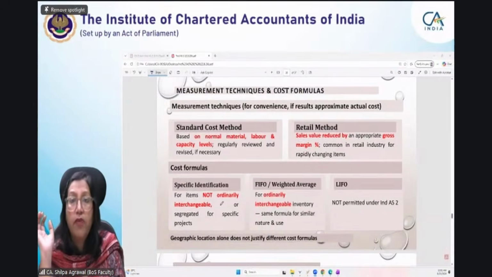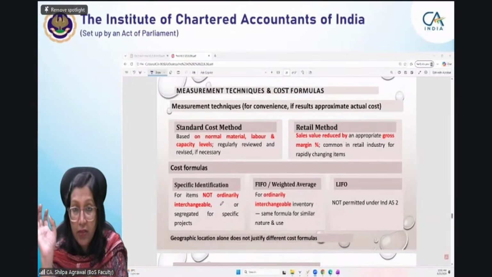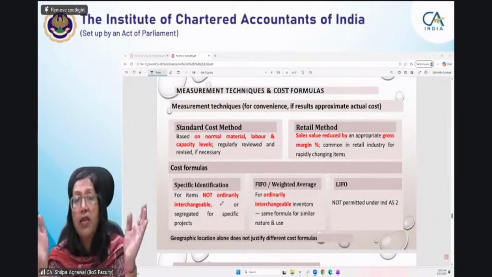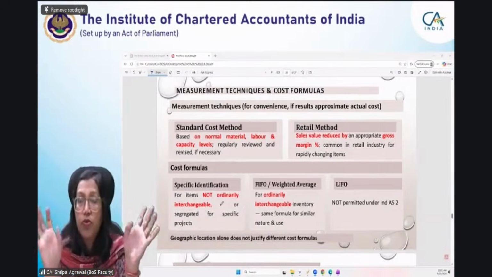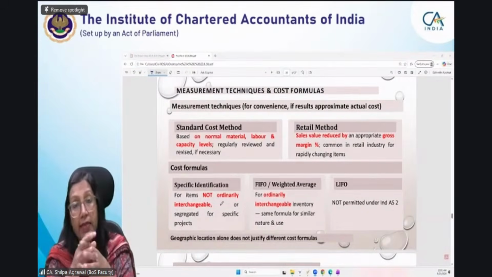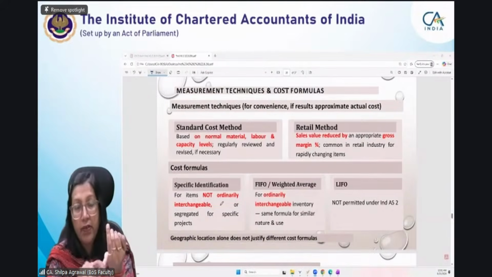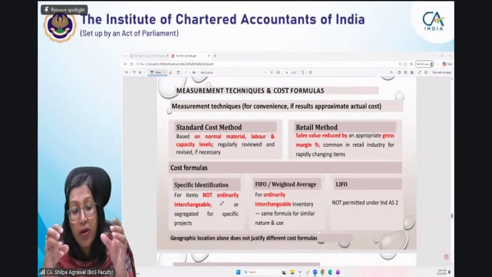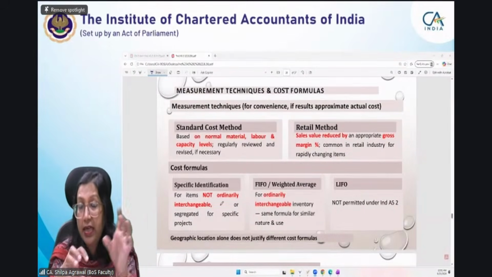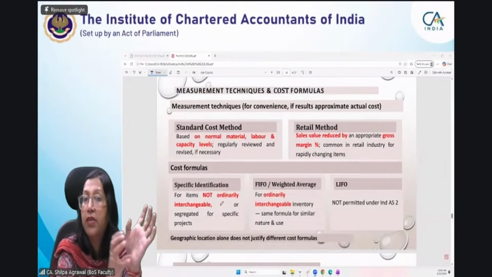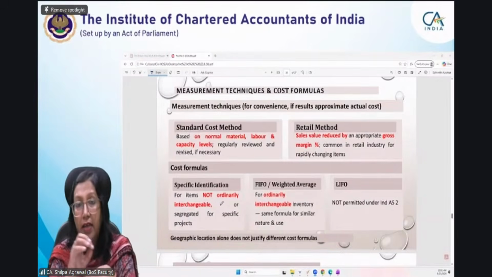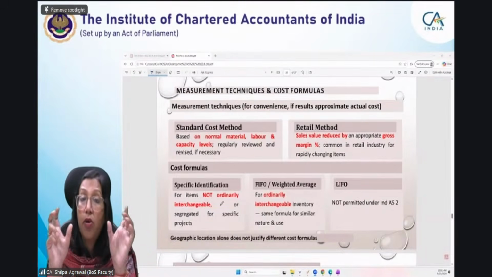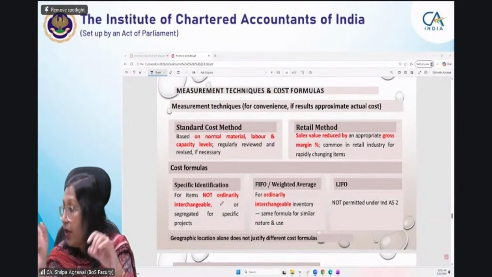For example, manufacturer, car dealer, car manufacturer, suppose आपकी मारुति सुजुकी नेक्सा है. They manufacture Baleno also, they manufacture Grand Vitara also, they manufacture Ignis also, Bronx also. So in that case, they are not ordinarily interchangeable, they are separate item. ठीक है. Within their categories, बलिनो की अलग कैटेगरी है, ग्रैंड विटारा की अलग कैटेगरी है. In that case they are not ordinarily interchangeable. ठीक है. Aeroplanes also, yes.